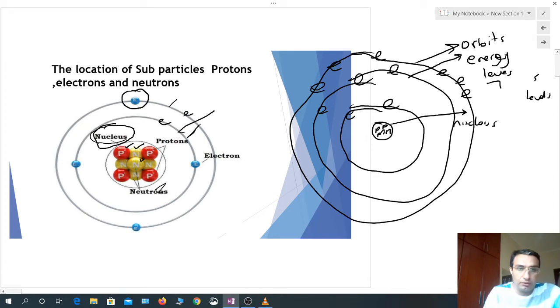These circles are called orbits or energy levels. So what we understand, we know that protons and neutrons are located in the center of atom, called nucleus. Electrons are available around this nucleus in the shells or in the orbits.